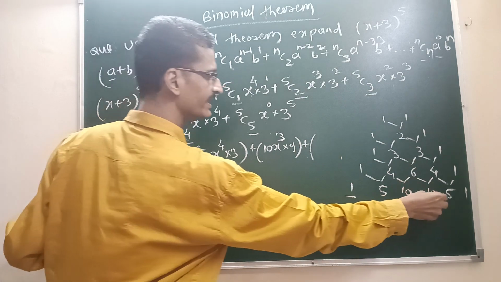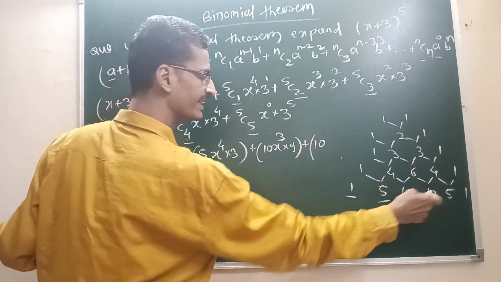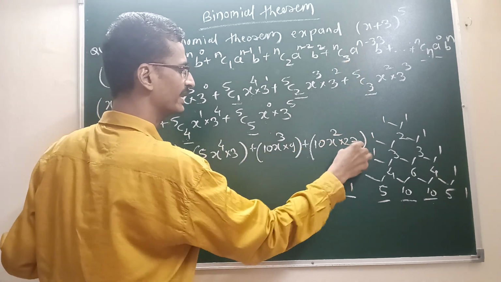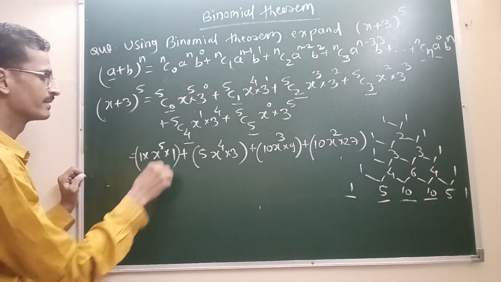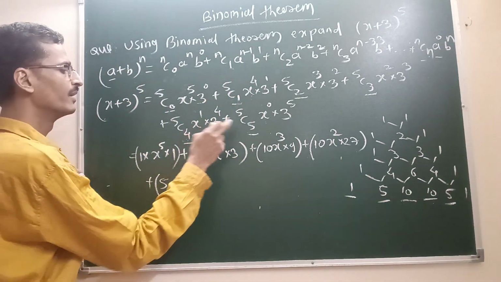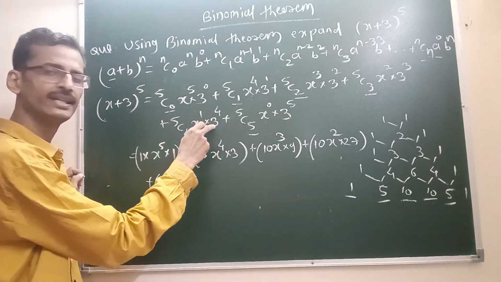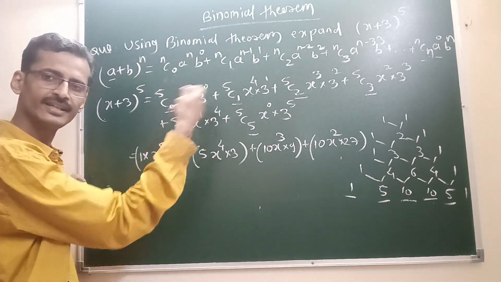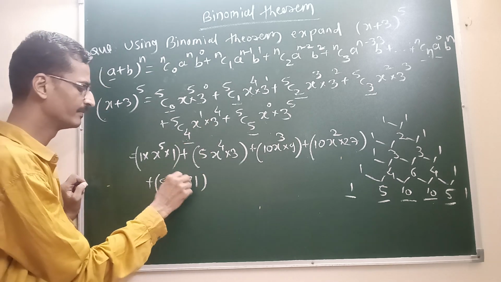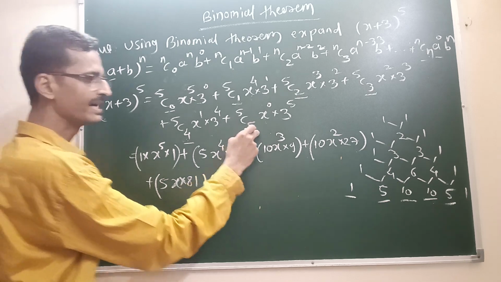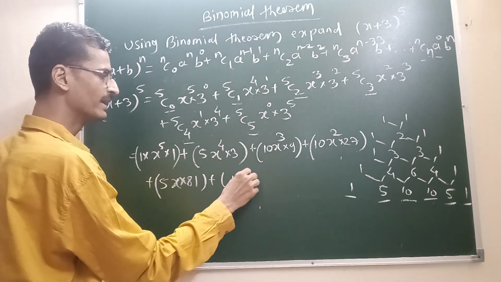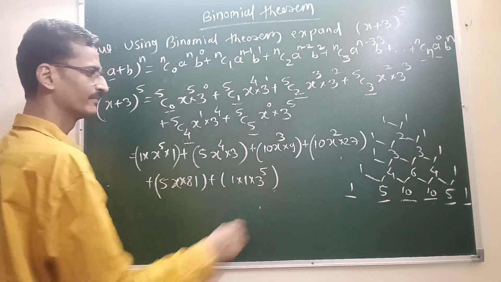Next, 5C3, again 10, x square, 3 cube, that is 27, plus 5C4. 5C4 is 5, x raised to 1, x, 3 raised to 4, 3 square 9 into 9 is 81. Multiply 3 four times, you will get 81. Plus the last, 5C5 is 1, x raised to 0 is 1 into 3 raised to 5.